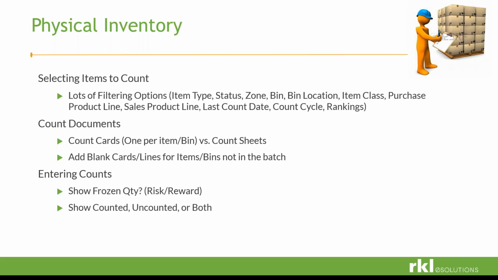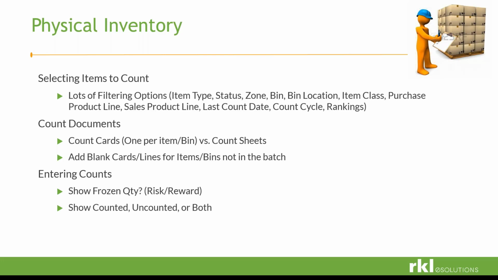If 500 says that you had 10 of a particular item on hand, and somebody turns in a count that says that there were 1,000 on hand, that might be a good indicator that you need to go out and recount that item before entering the item into 500's physical count batch and posting that through, right? So that would be a reason to include the frozen quantity.